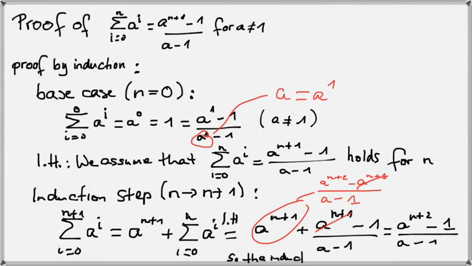So the induction hypothesis holds again for n plus 1, and we're done with our induction proof. This was a quick overview of sums, the most important sums for this course.